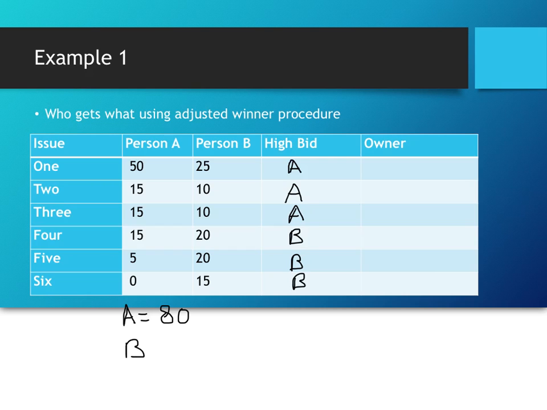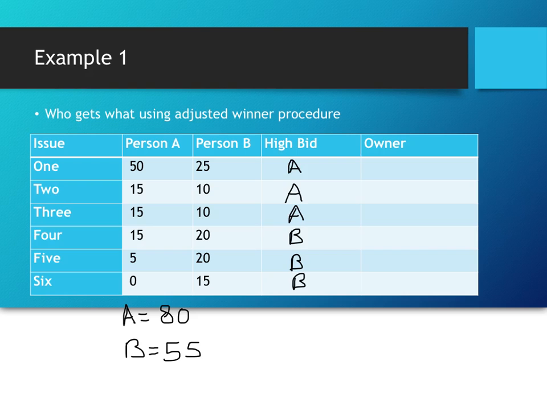B has spent 20 and 20 and 15. No, I'm sorry, not 75, 55 points. So B has spent 55 points. I apologize for that.